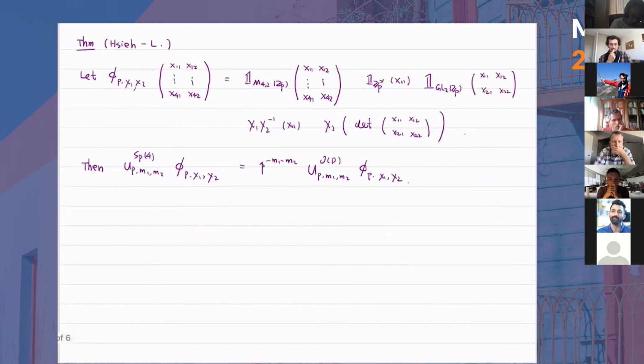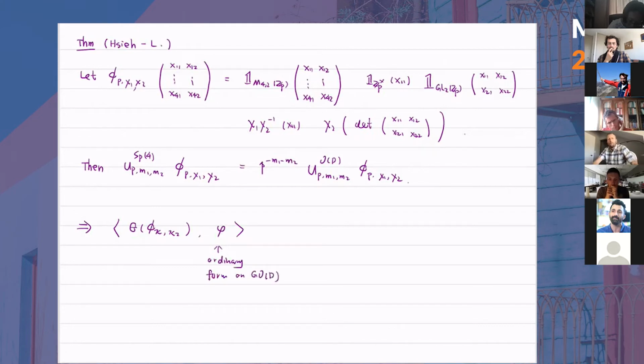And from this property, we will immediately see that if I have a theta series with such a choice at p, and if I pair with an ordinary form on the orthogonal group, and then take the p-adic Petersson inner product on the orthogonal group, this is going to give me an ordinary form on GSp4.